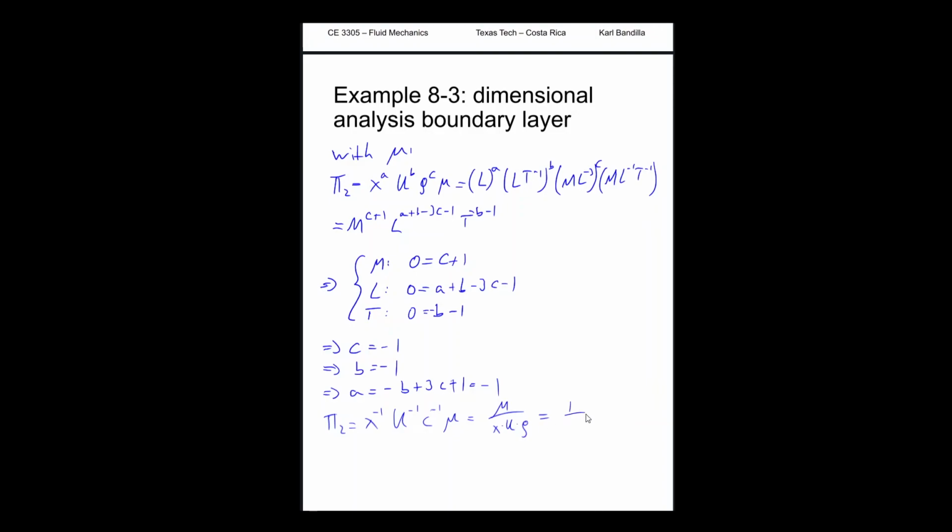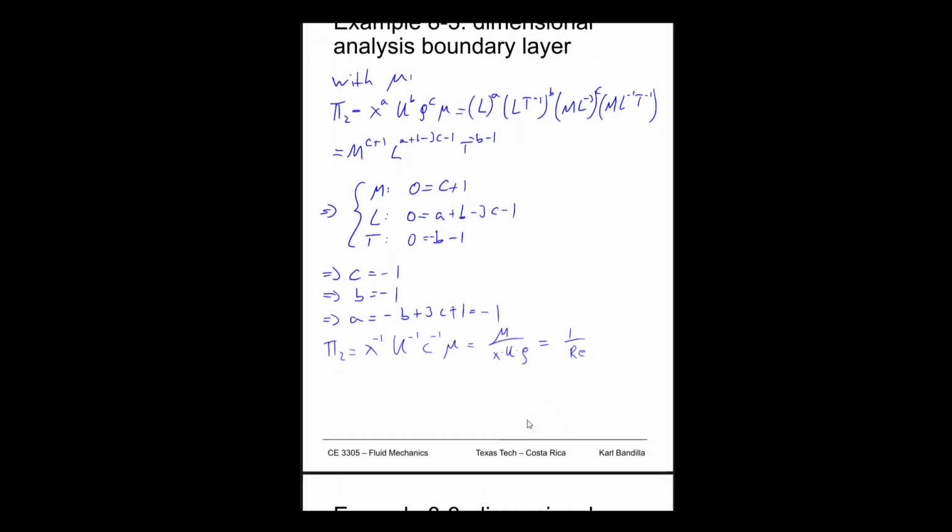And that means 1 over the Reynolds number. Okay, so that means we can say f of my 2 pi's, so it would be delta over x, comma, 1 over the Reynolds number, is equal to 0.